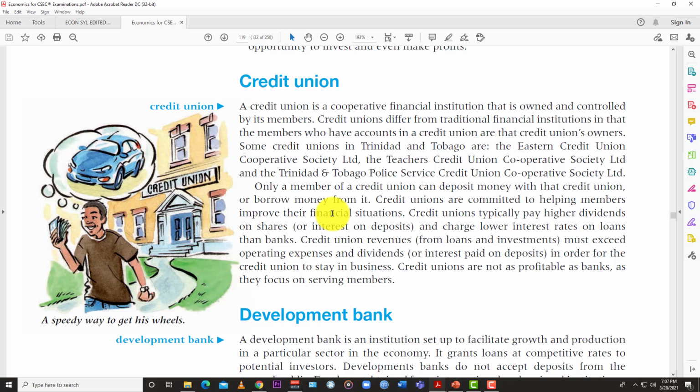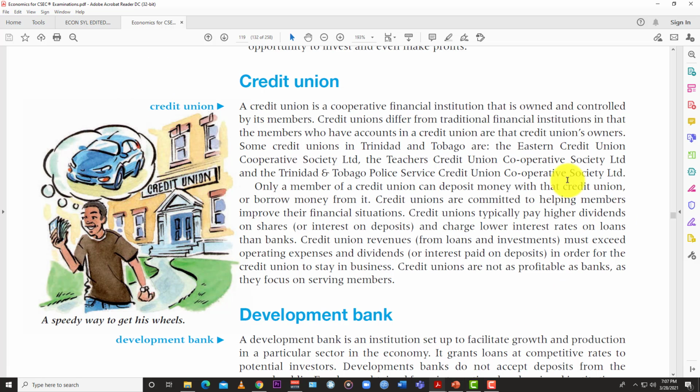With a bank, you don't have to be a member. You just go, open your account, and you can save and borrow. But a credit union only allows for its members. So everybody has to buy their shares before they can start to conduct any business with the credit union.